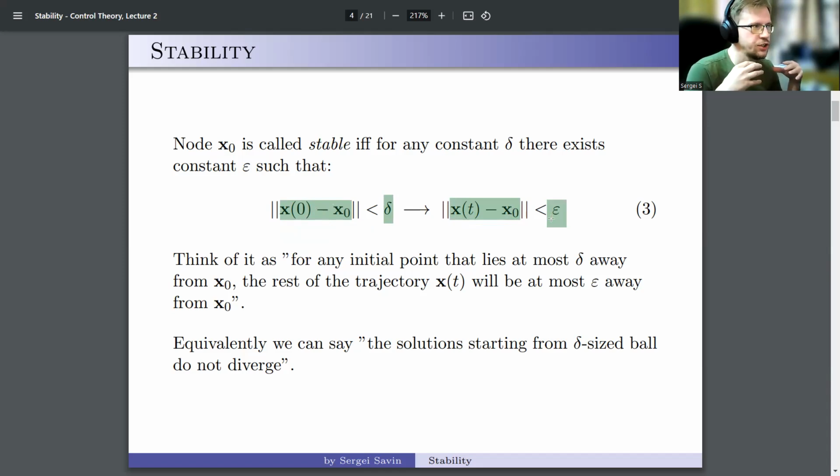So if the initial condition is inside what we call the delta ball, then the rest of the solution going forward will be at most epsilon away from the node. Does it make sense?